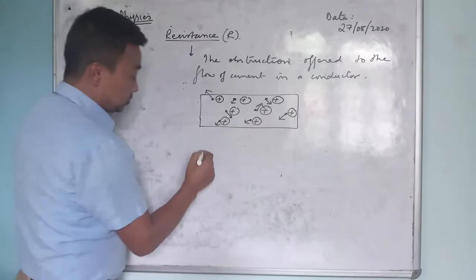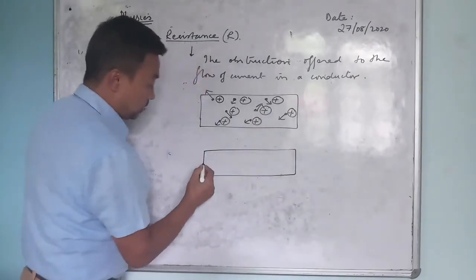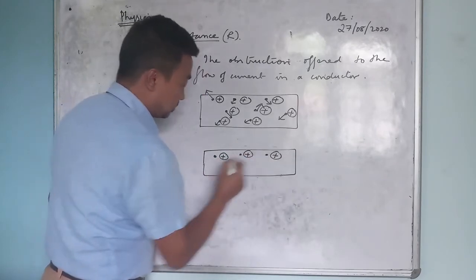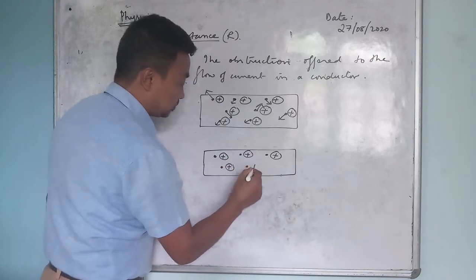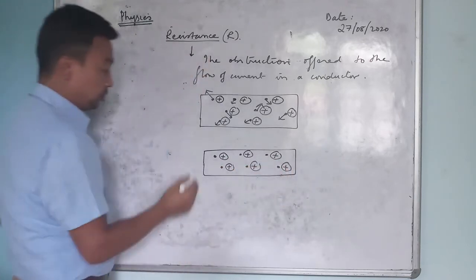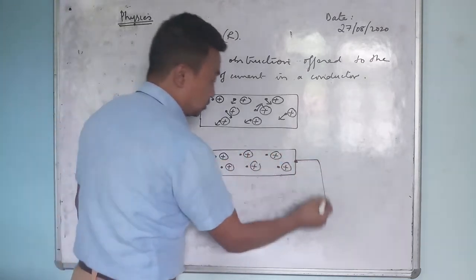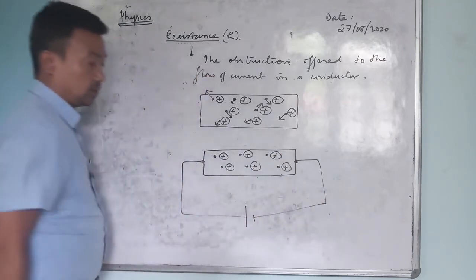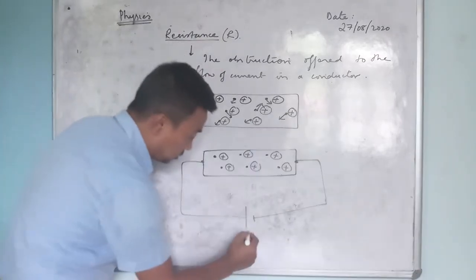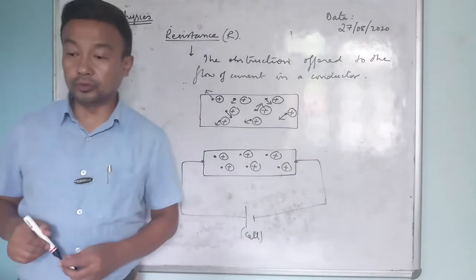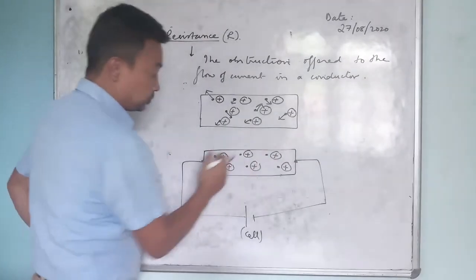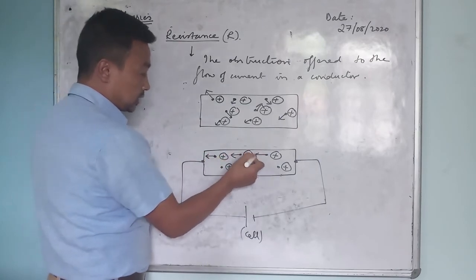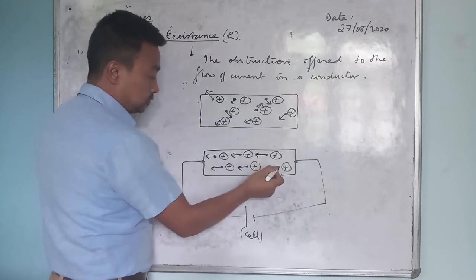But when these same electrons and positive ions, I am just showing you a few here, have the two ends connected to a source of current, let us say a battery or a cell, then automatically these electrons will align in one direction, always directed towards the positive terminal.